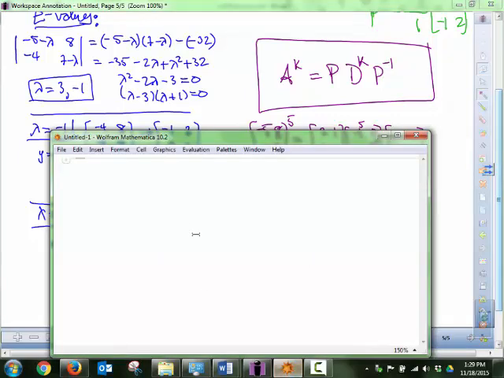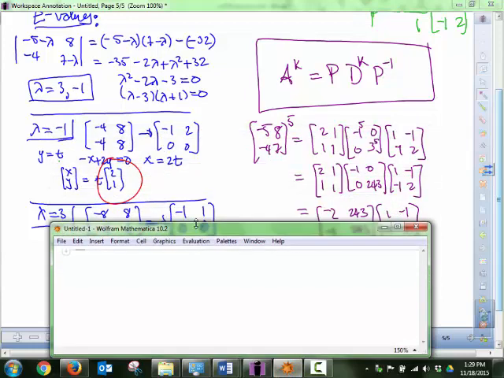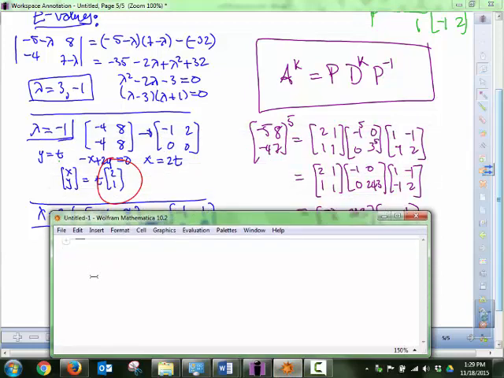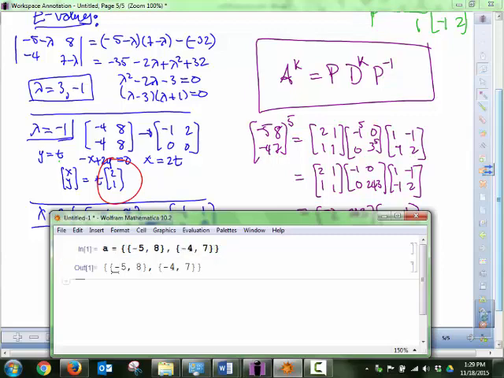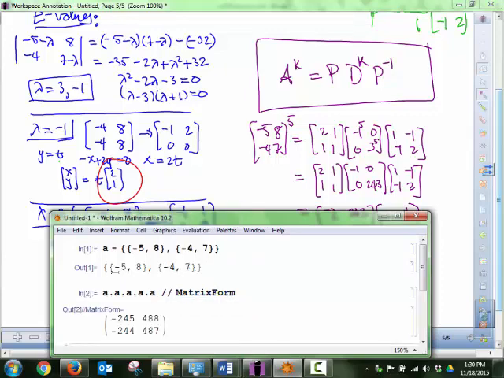We should check with Mathematica here. So our matrix A is -5, 8, -4, 7, and then we want A to the 5th power. Is that right?